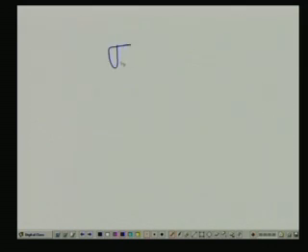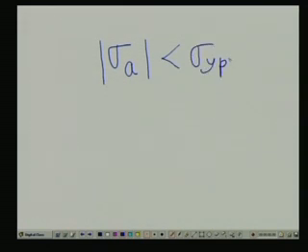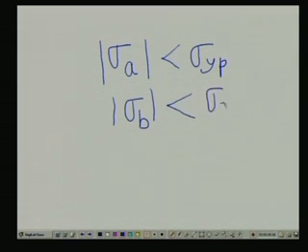Sigma A is less than sigma yield point, the 2 cancels out, and sigma B less than sigma yield point. That could also be another possibility if sigma B is more.